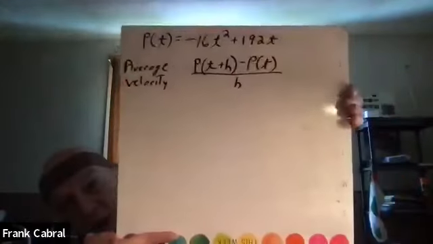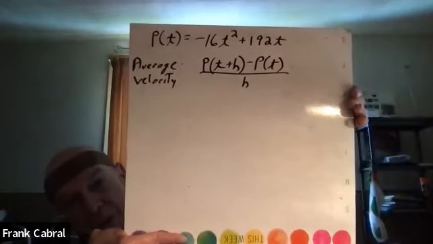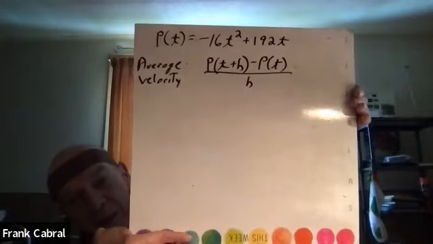So our average velocities are going to be in feet per second. Notice that right next to the average velocity, I have what's called the difference quotient. It's p of t plus h minus p of t divided by h.